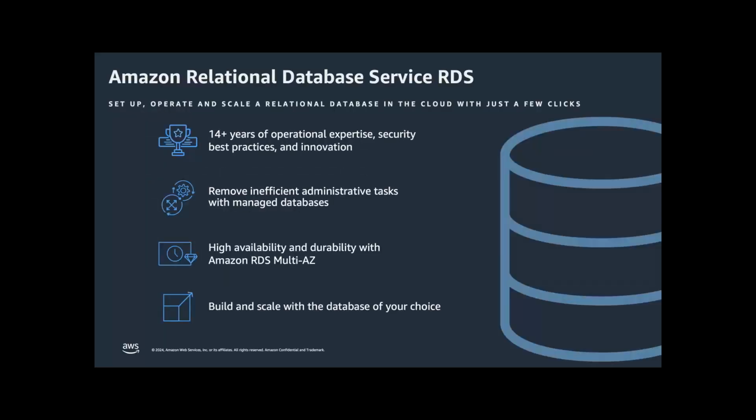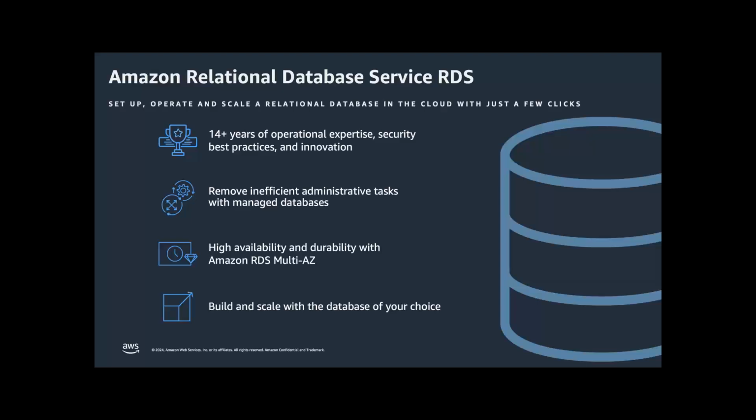Let's get started. I'd like to provide you a very quick overview of what RDS is. RDS has been around for 14 plus years, so the overview here is very high level. Happy to do a follow-up with more details. But by the end of this session, I hope you get a fair bit of understanding of what RDS is and what RDS for DB2 is.